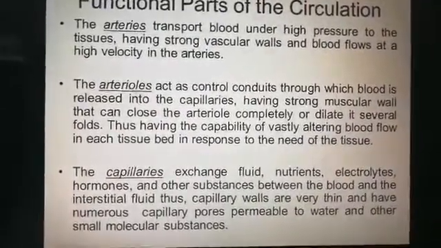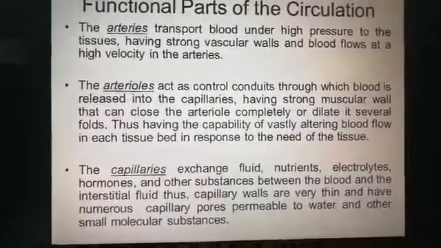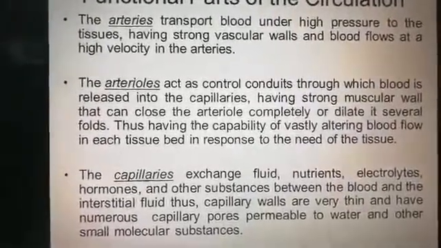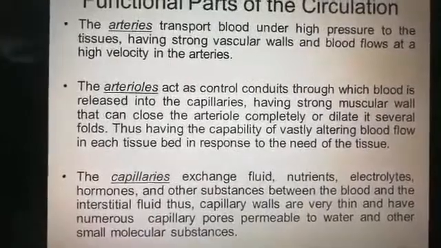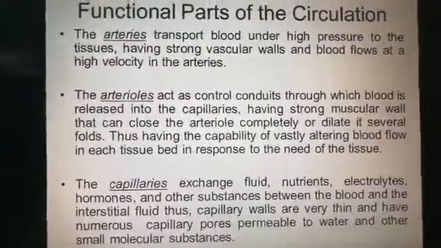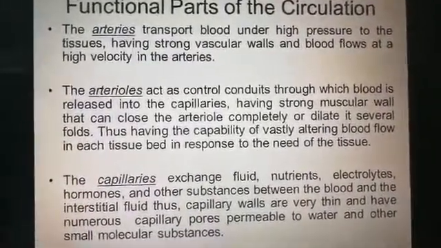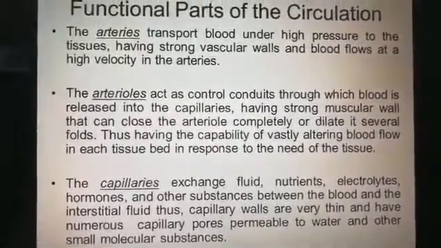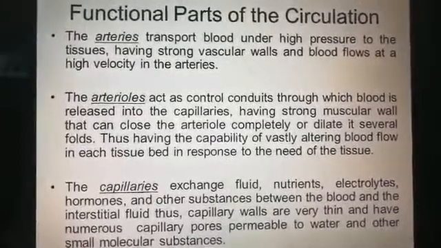Arteries have a very high blood pressure because they are the starting point from the heart. The heart firstly ejects blood into the arteries, so the arteries have high blood pressure, and they have strong vascular walls as they have a lot of collagen in their walls, and blood flows at high velocity in the arteries.